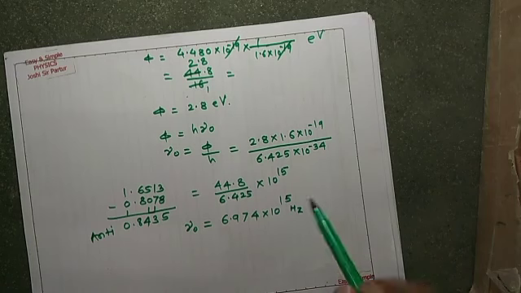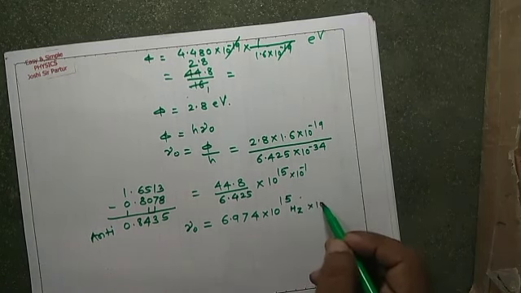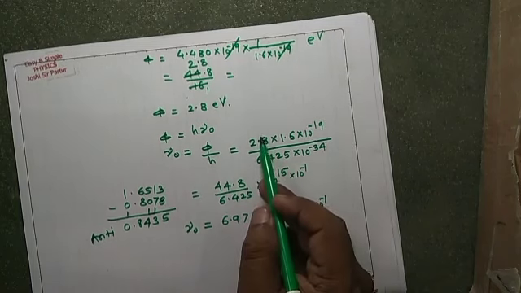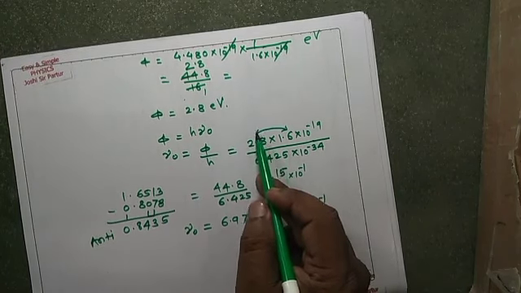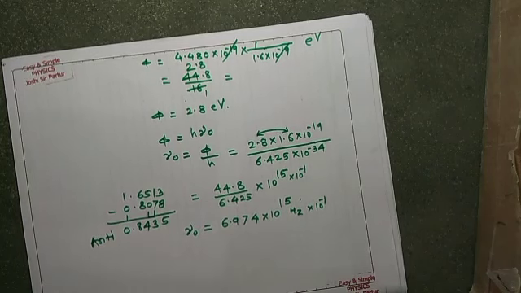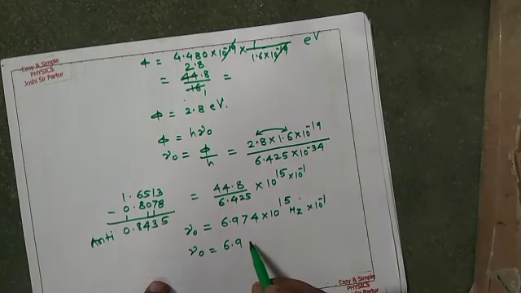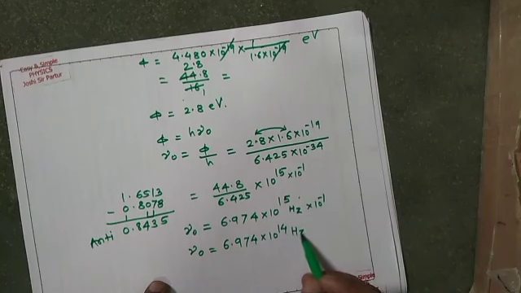Here 10 to the power minus 1, because that multiplication it has 4 point. So we can write as 44. So it will be 10 to the power minus 1. So we can take here nu 0 is equal to 6.974 into 10 raised to 14 hertz.